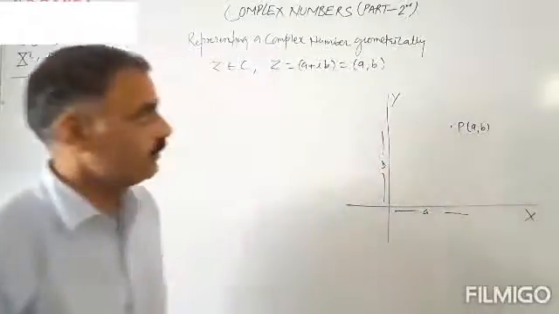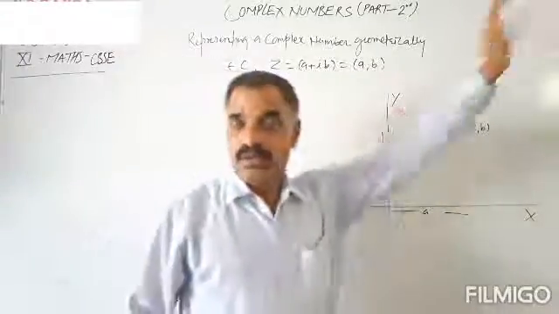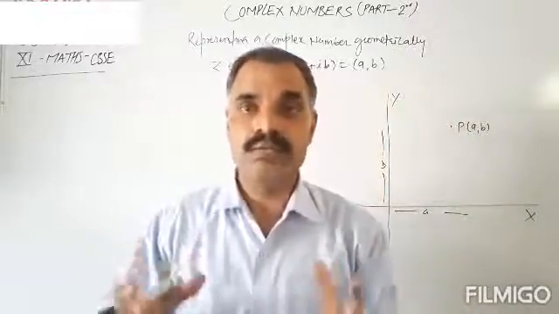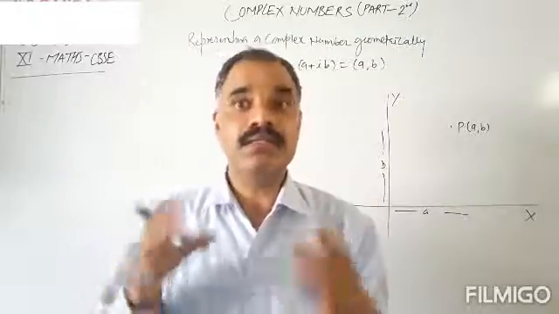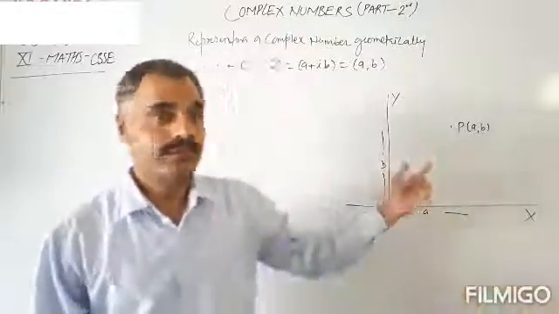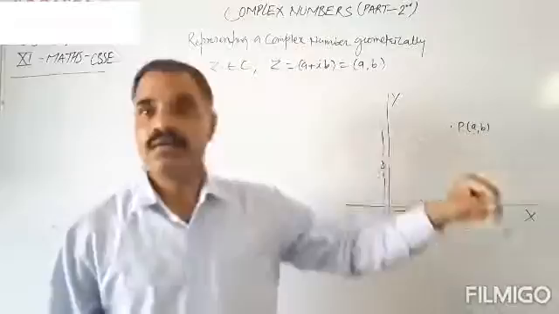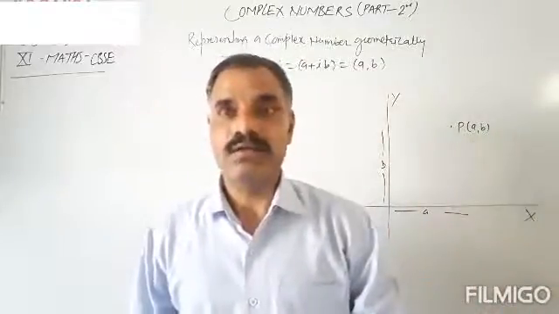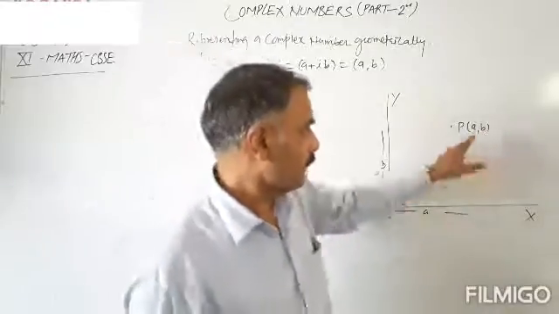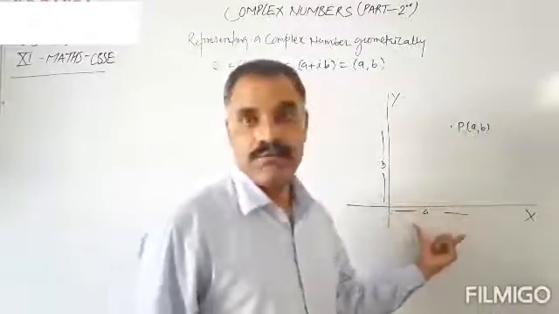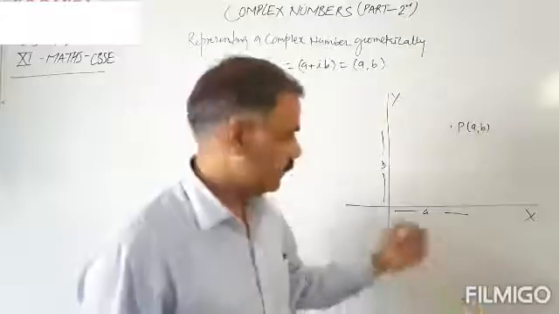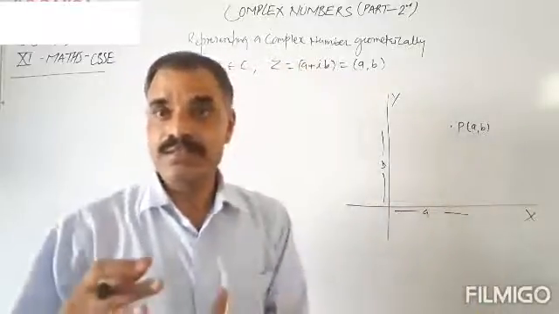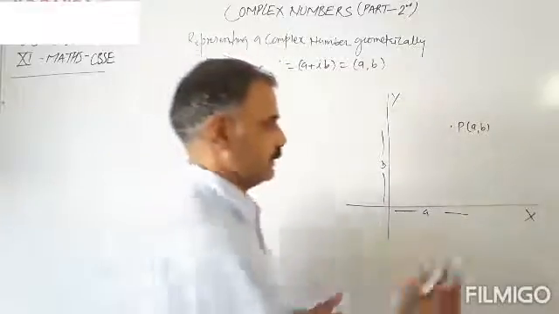So the complex number can geometrically be represented by a point P(a, b), where a is the real part and b is the imaginary part. Since the real part is located on the x-axis, the x-axis is said to be the real axis.